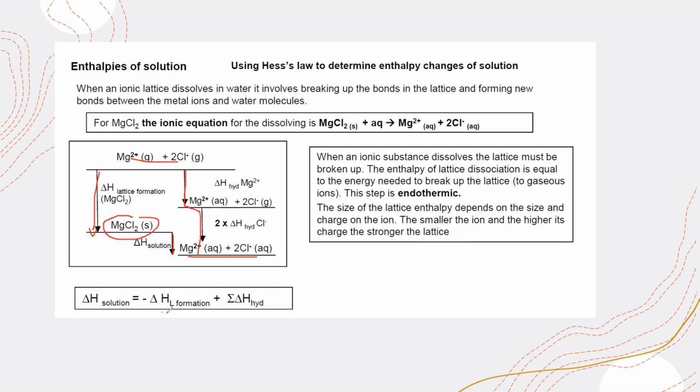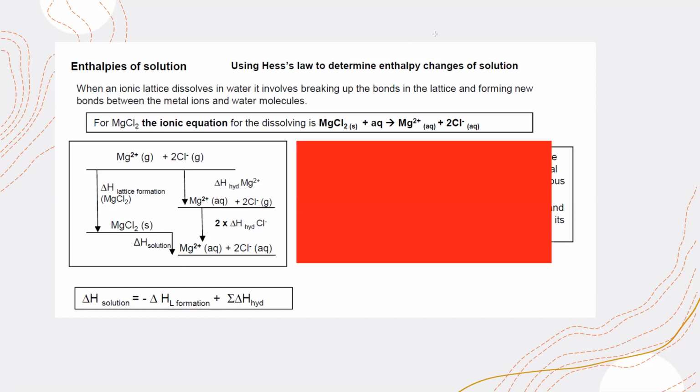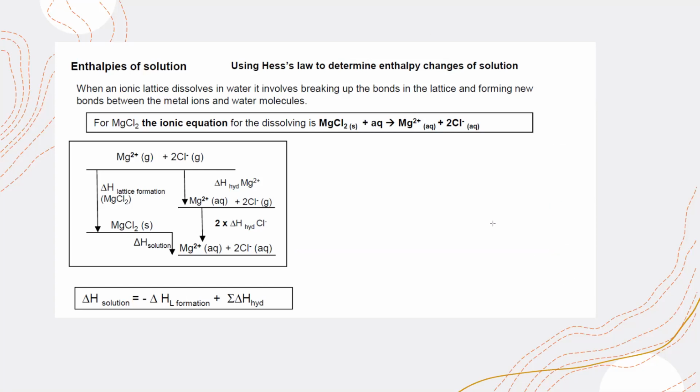So the enthalpy of solution is written as minus lattice energy plus hydration energy, or hydration energy minus lattice energy. When an ionic substance dissolves, the lattice must be broken. For solubility, say we have a sodium chloride crystal, these ions are tightly packed together.